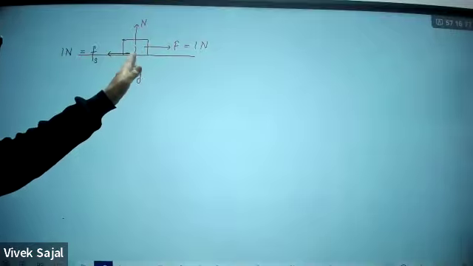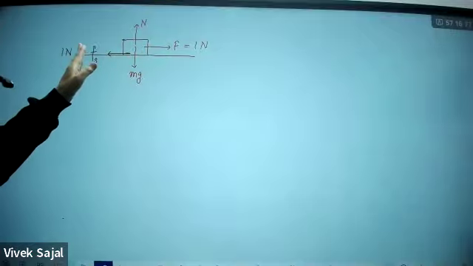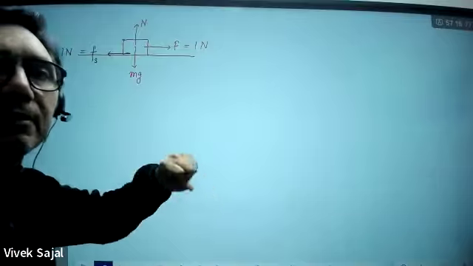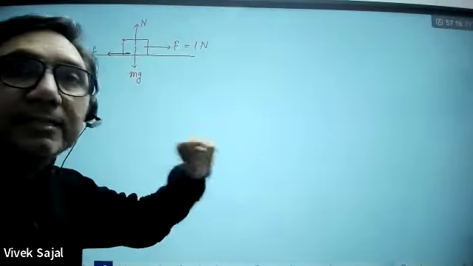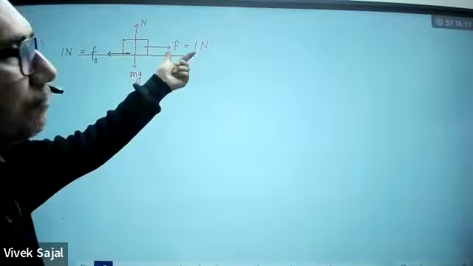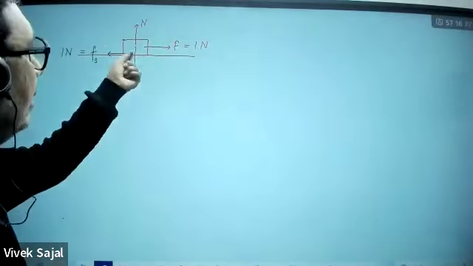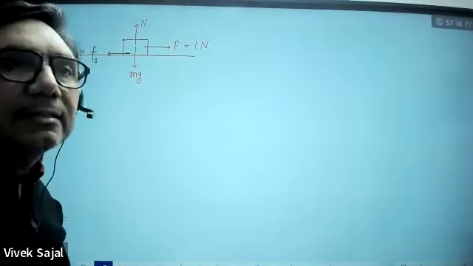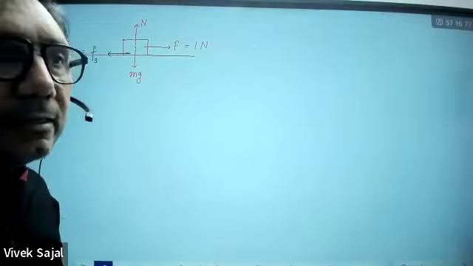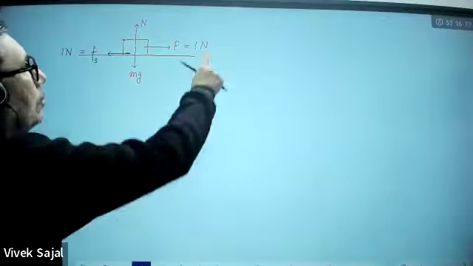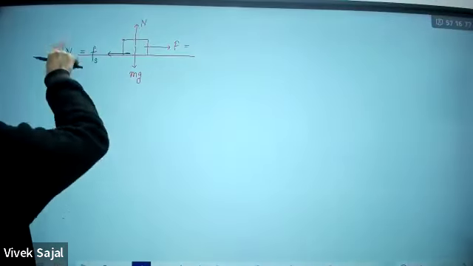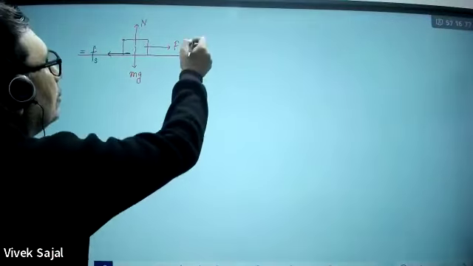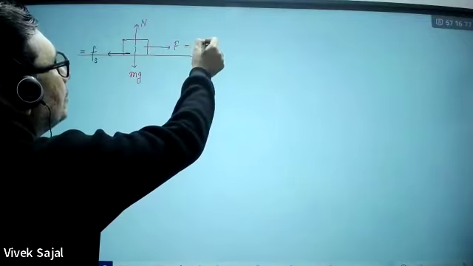The applied force is exactly equal to the static friction force. The static friction force exactly balances this force of 1 Newton, so the net force in the horizontal direction is 0 and no motion takes place. Now you increase the force to 2 Newton.